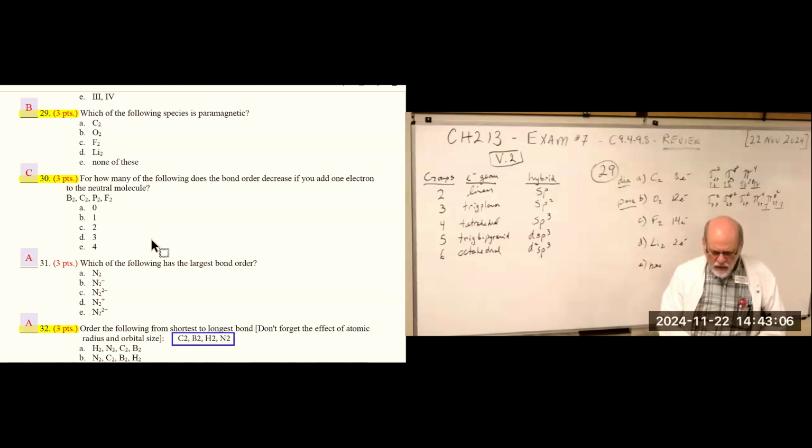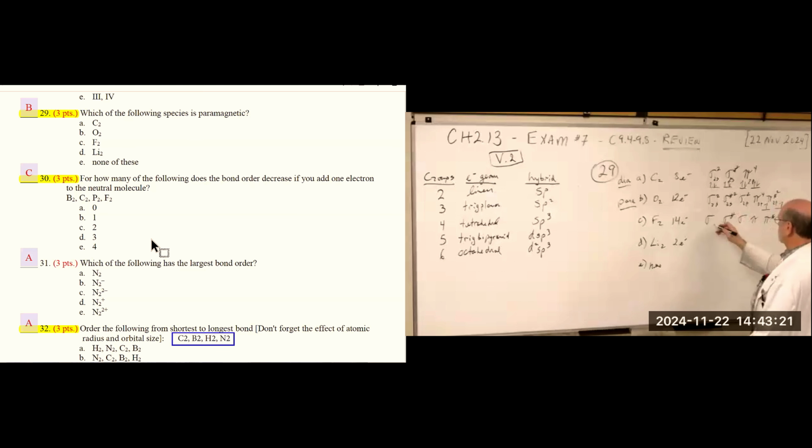Then F2. And that's no mixing also. 2s, 2p, 2p, 2p, and 2p. There we go.